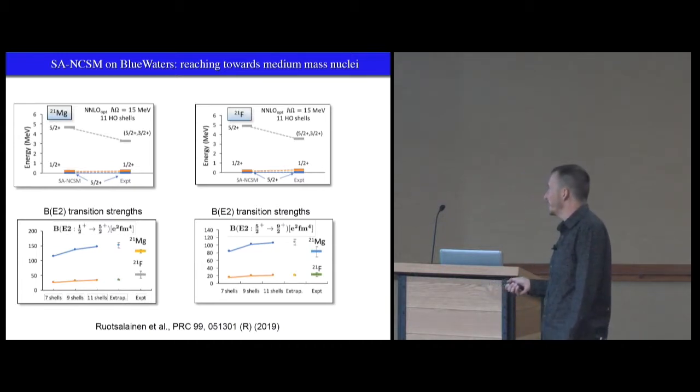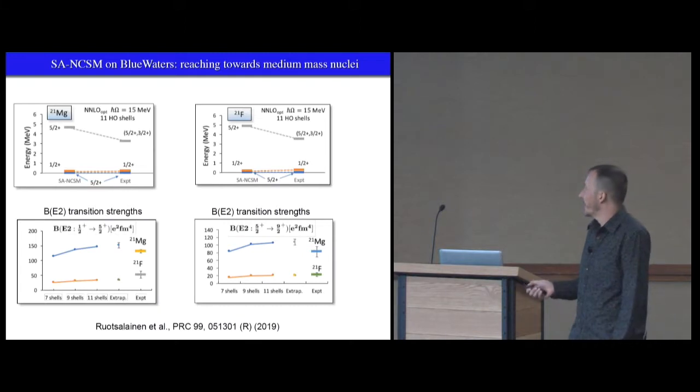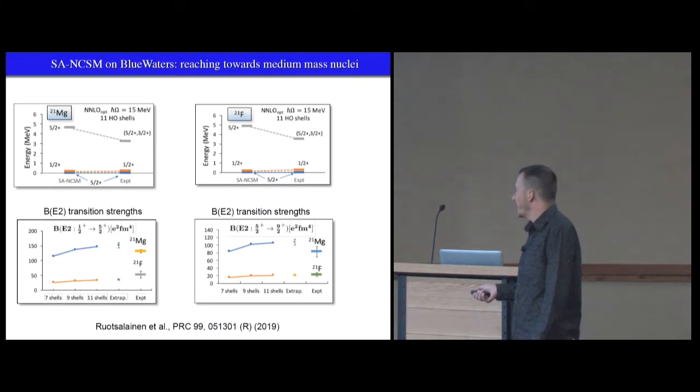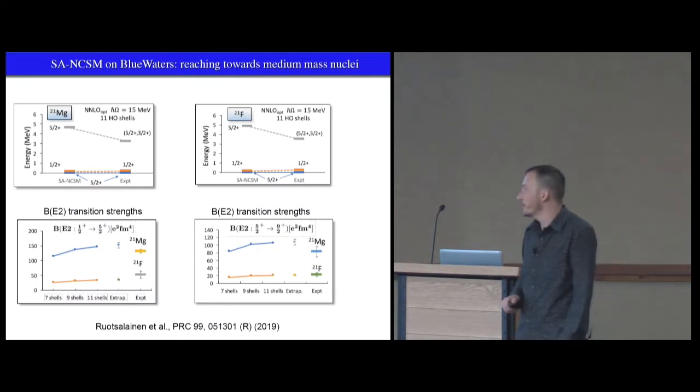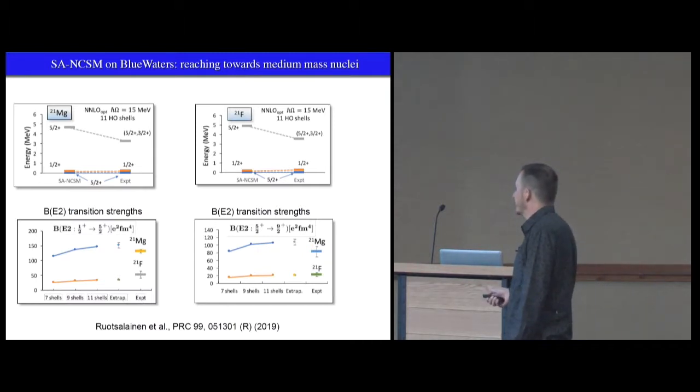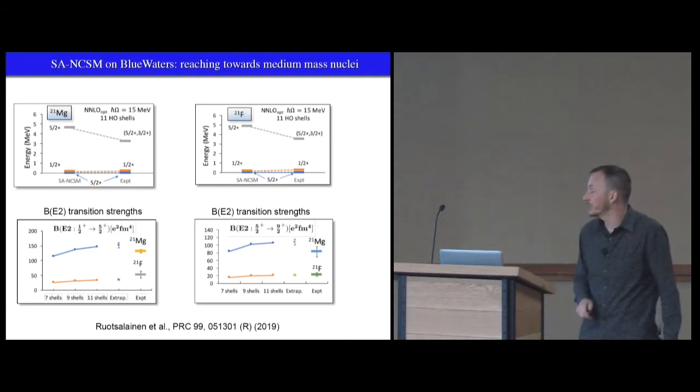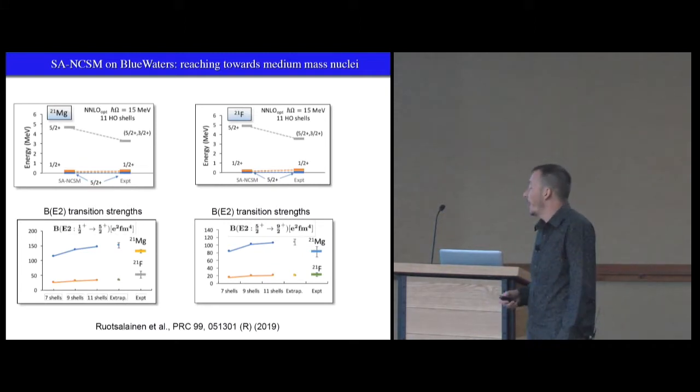And here are the BE2 transition strengths. These were recently measured at TRIUMF National Lab in Canada. And we are really happy to see that our results match experiment quite well, because the BE2 transition strengths are very sensitive to the tail of the wave function. So it's the long-range correlations that our wave function describes quite well.